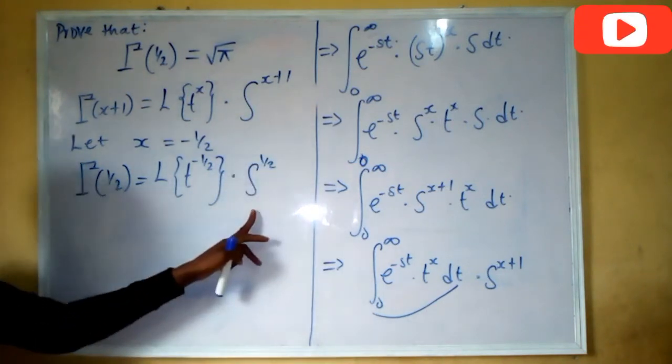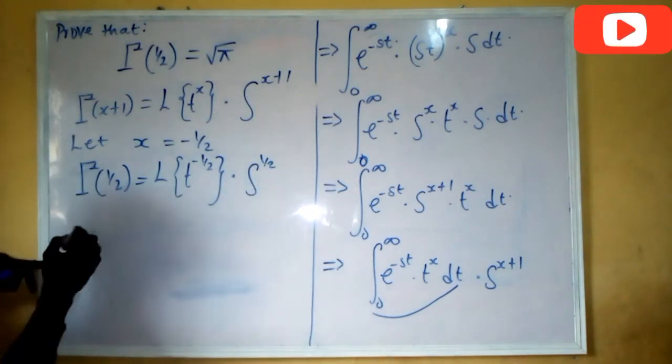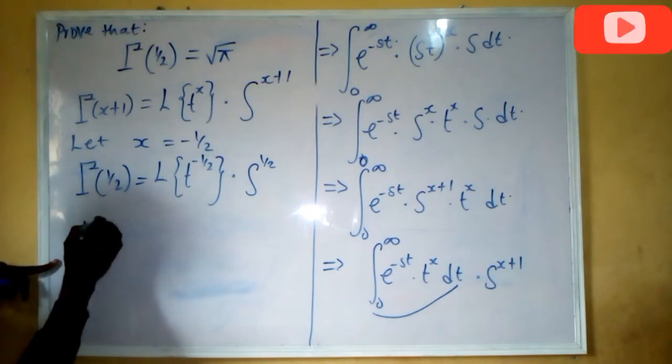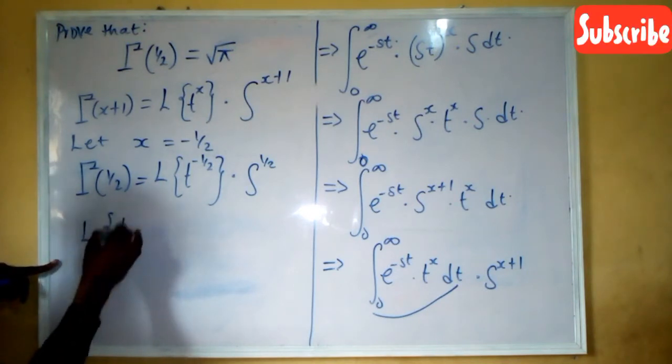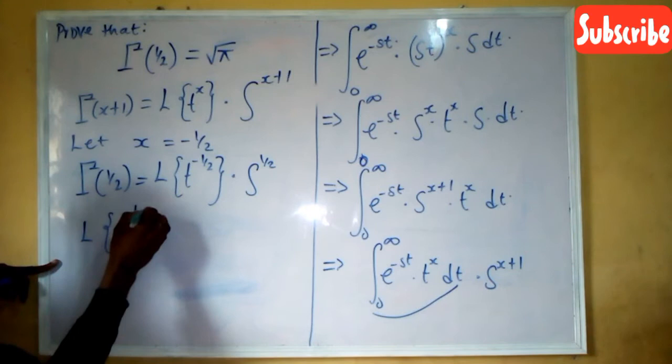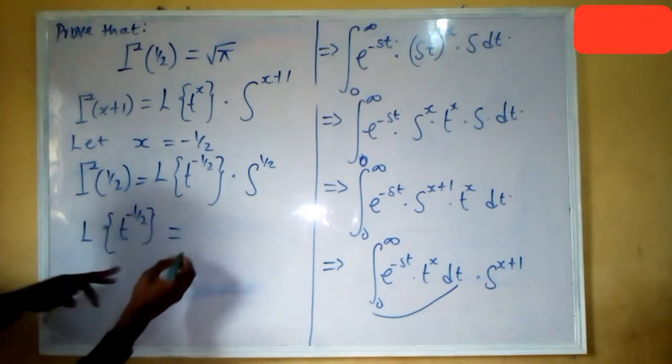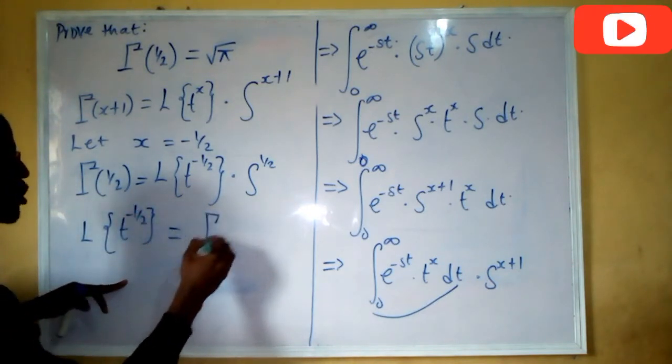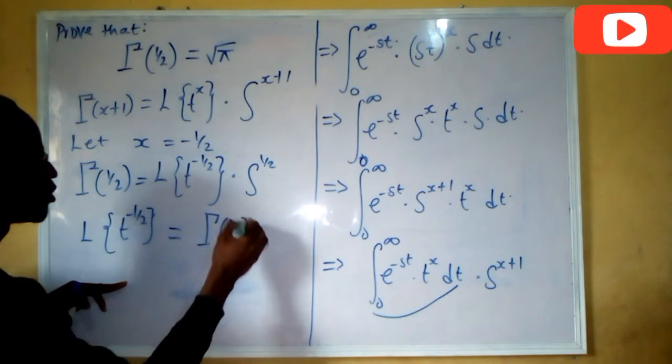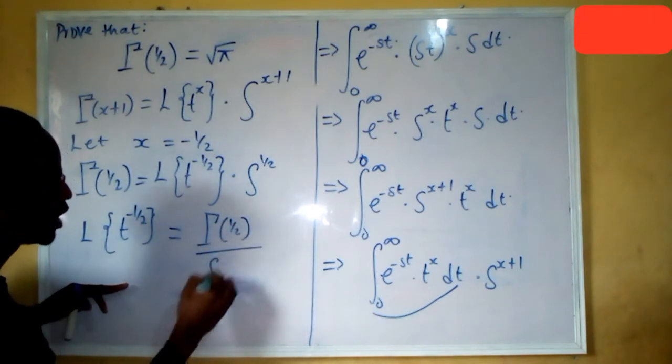That is what we have. So the Laplace transform of t raised to the power minus half will be equal to the gamma function of half all over s raised to the power half.